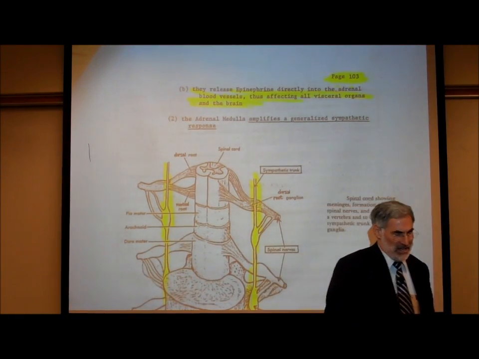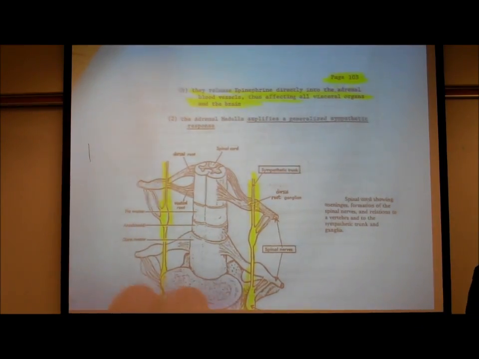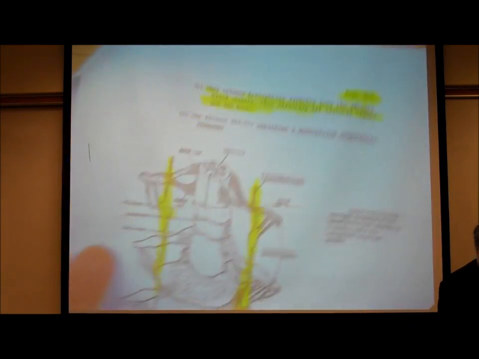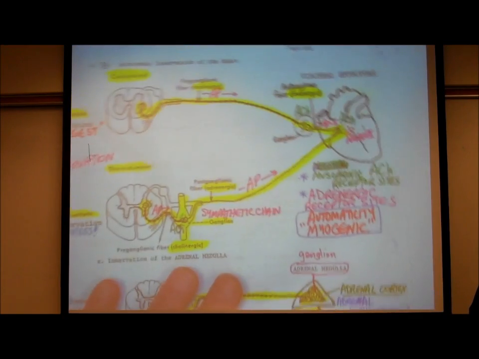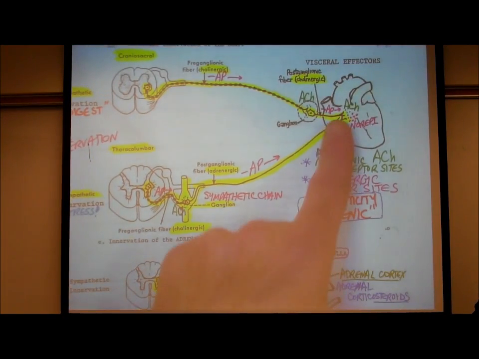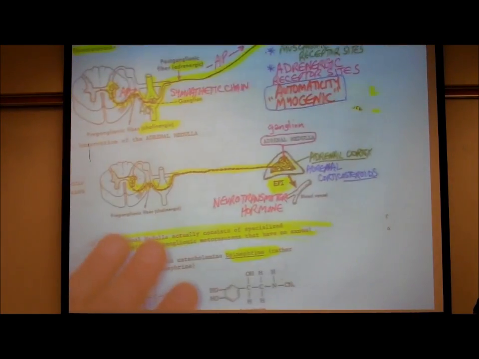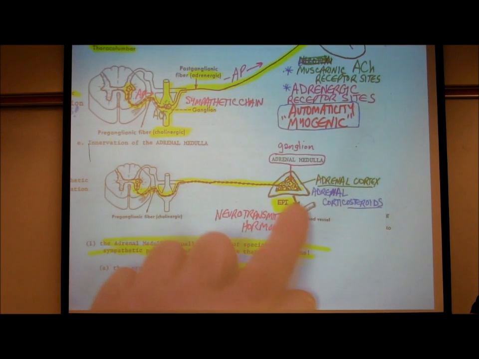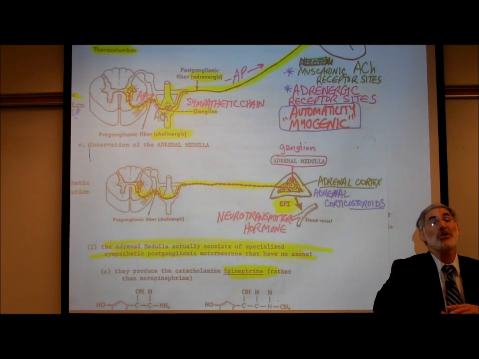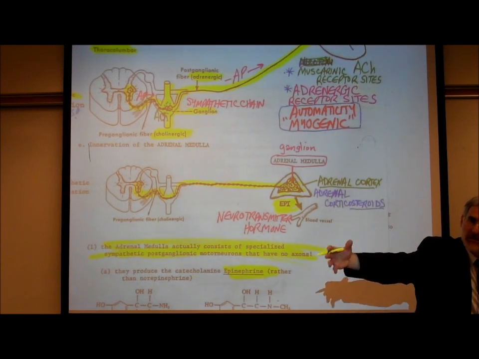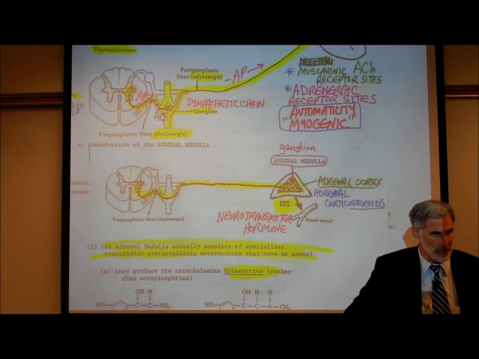So normally a sympathetic neuron would release norepinephrine right onto the heart, right onto the stomach, right onto a salivary gland. But these sympathetic neurons release a modified form of norepinephrine called epinephrine into the bloodstream, so it affects all the organs of the body at once, even your brain.